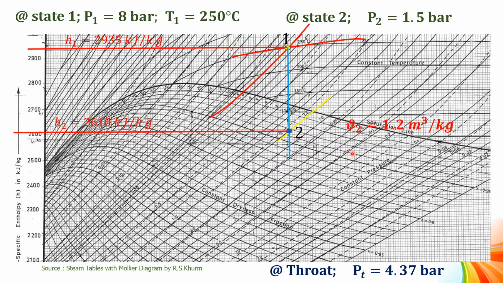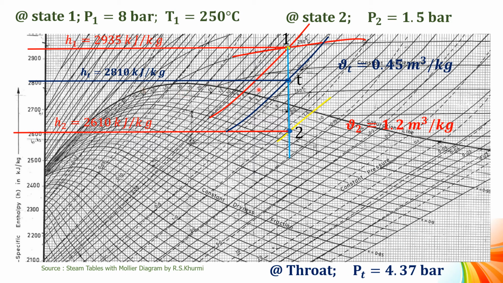Now, already we have calculated Pt equal to 4.3 bar. Now, we have to draw a 4.3 bar pressure line, which intersects the constant entropy line at the point T. Now, from point T also we draw a line towards the y-axis and measure the corresponding enthalpy Ht equal to 2810 kilojoule per kilogram.